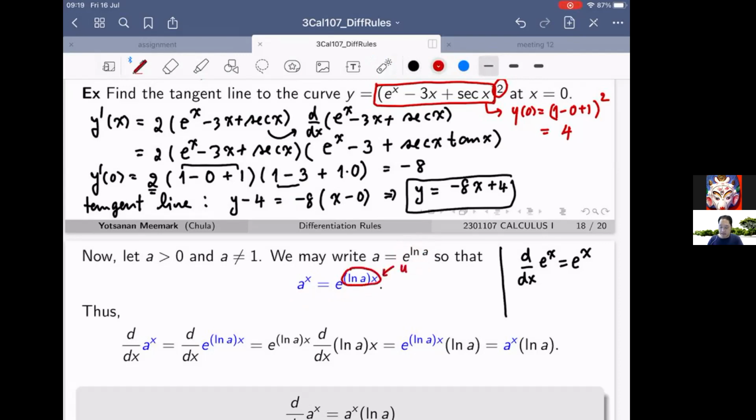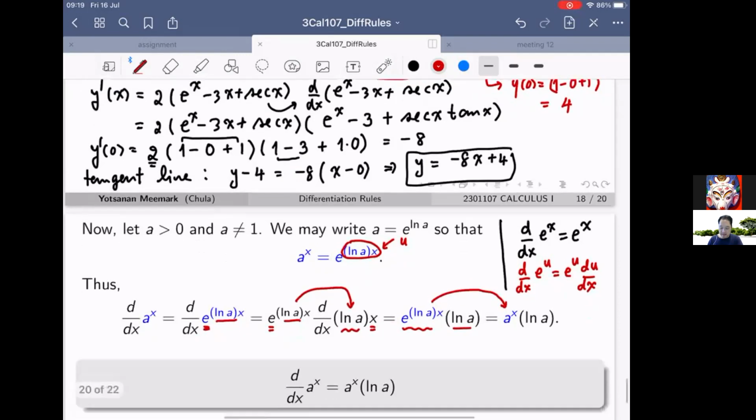So the derivative of e to the u is e to the u du by dx, right? So the derivative of e to the u becomes e to the u itself, and then the derivative of u. And the derivative of a constant multiplied by x is just a constant multiplied by 1, right? And this one we just rewrite as a to the x again.